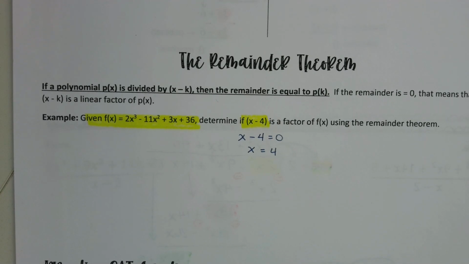Again, once you get your remainder, we want to turn it and tell our groups that means it is a factor or is not a factor based on what the remainder was. You plug it in. Take 4, plug it in here, here, here.